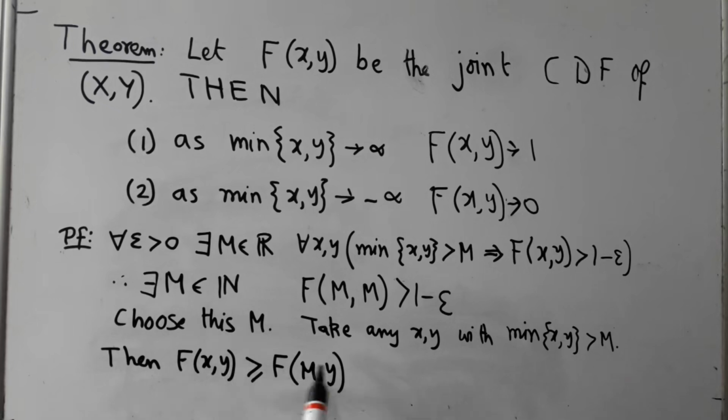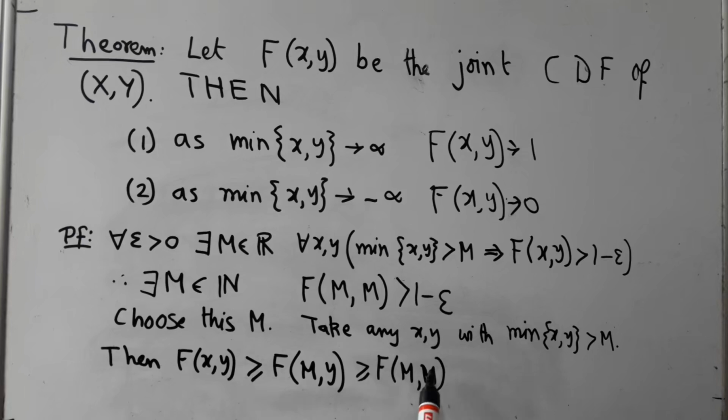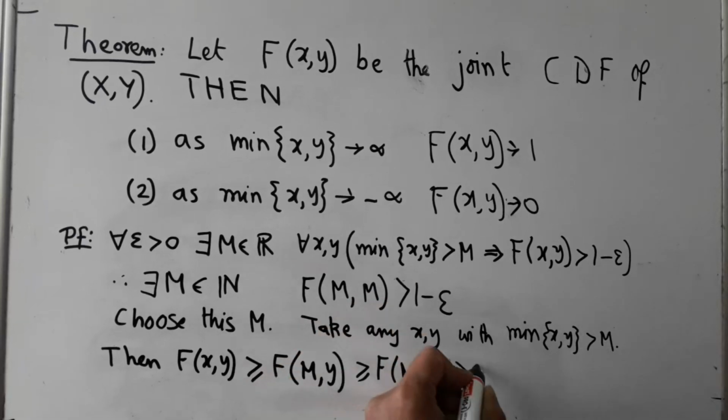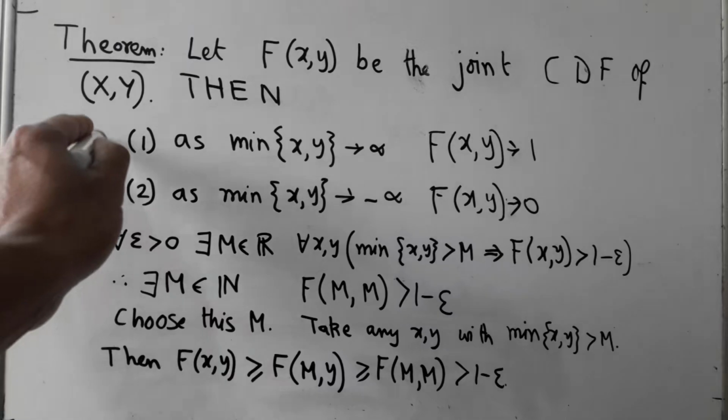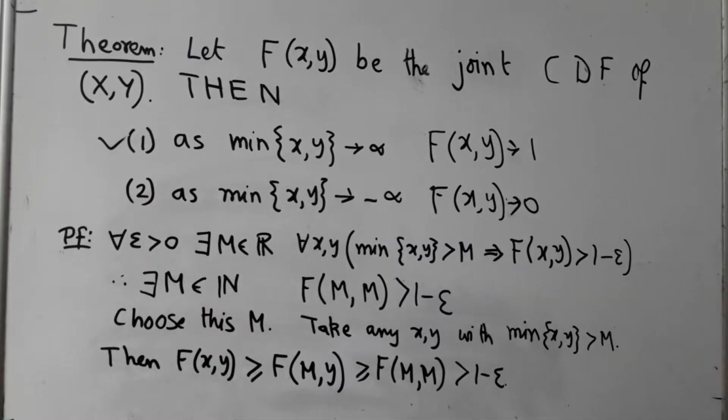So by the non-decreasing property, this must be greater than or equal to this. Again a similar argument, y is also greater than M. So by the non-decreasing property with respect to the second argument, I get this. But F of M, M is already greater than 1 minus epsilon, and that proves this thing. So completing the proof of 1. Now 2 of course can be proved in a similar fashion.